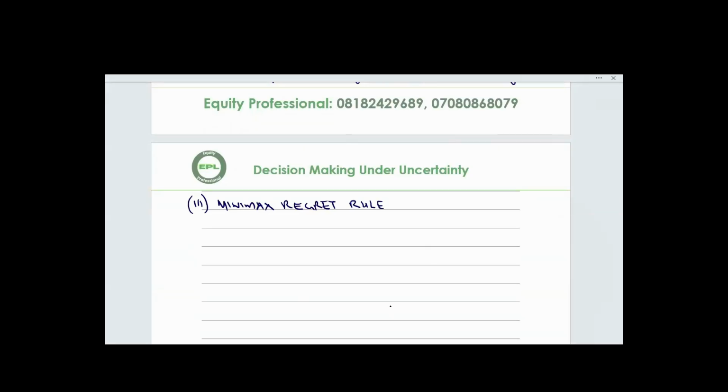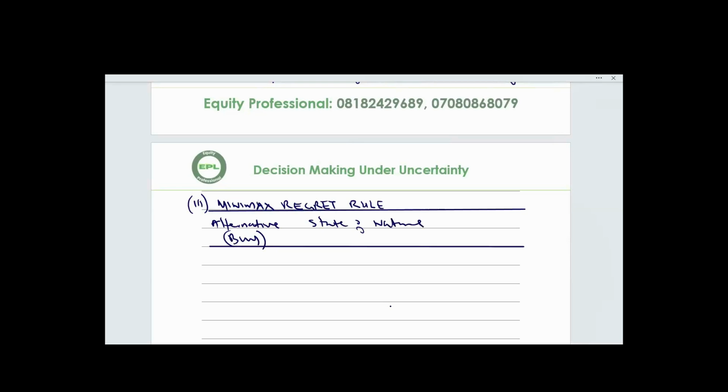Okay. Let me complete the table before we carry out the 5 steps. Under Minimax, state of nature, which is market demand.